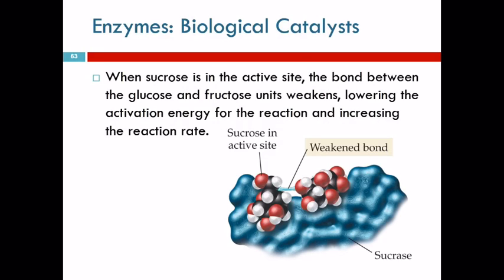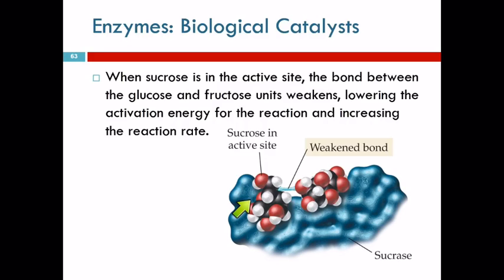How does it do that? So here's an illustration of sucrase. It's got an active site, almost like a landing pad, where the sucrose comes in and it just nestles in, and it feels so good. And it's just in there. Nothing else is going to fit in there.